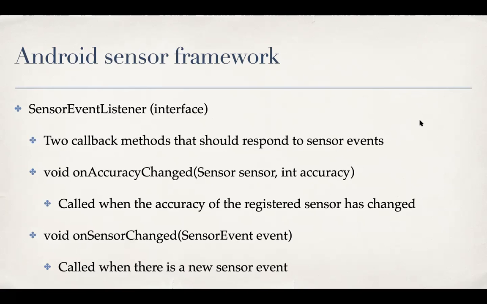The other one is onSensorChanged. This is when some new sensor event has happened, and in the example we'll see, we'll be listening to this method and reporting the data based on the changes to the sensor event.